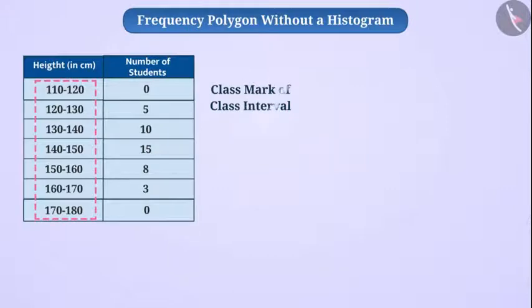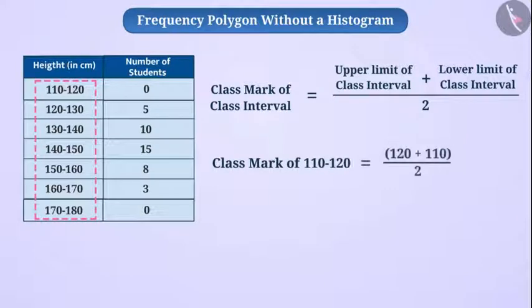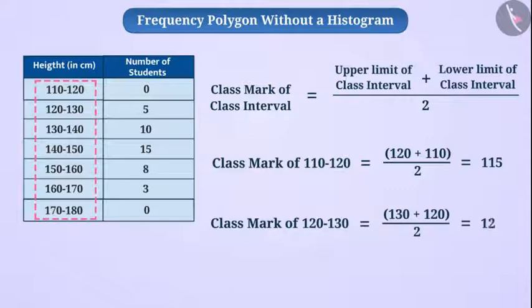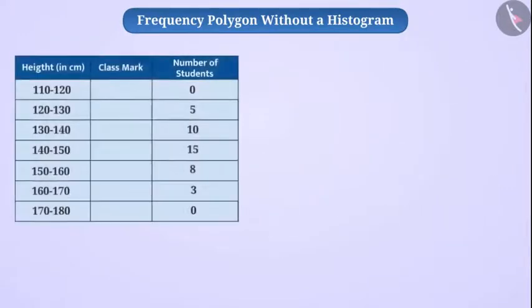Class mark of a class interval is equal to the upper limit of the class interval plus the lower limit of the class interval divided by 2. Therefore, the class mark of 110 to 120 is 115. Similarly, the class mark of class interval 120 to 130 is 125. Similarly, we will find the class marks of all the class intervals.